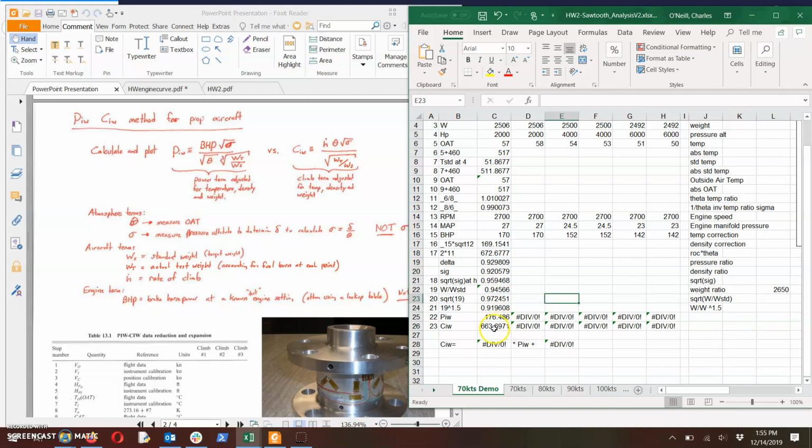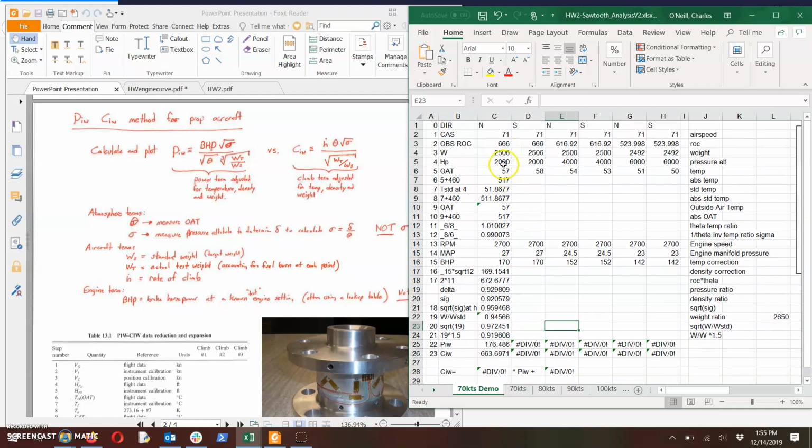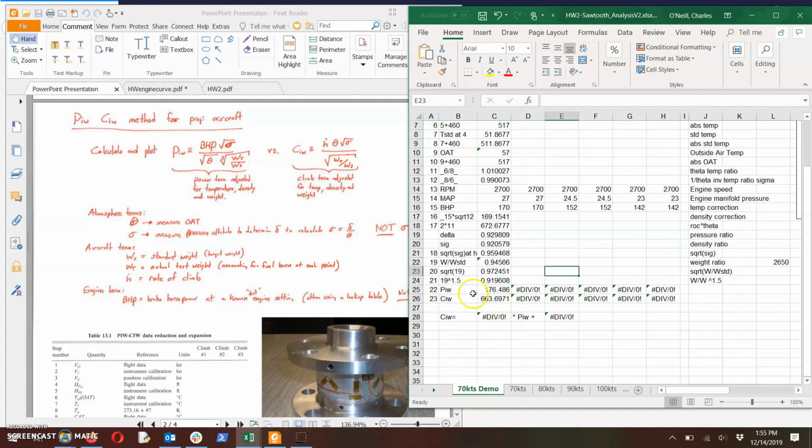So you should end up for this first one at 2,000 feet with an outside air temperature of 57 Fahrenheit. You had a rate of climb of 666 feet per minute and a weight of 2506. You should end up with a PIW of 176 and a CIW of 663.